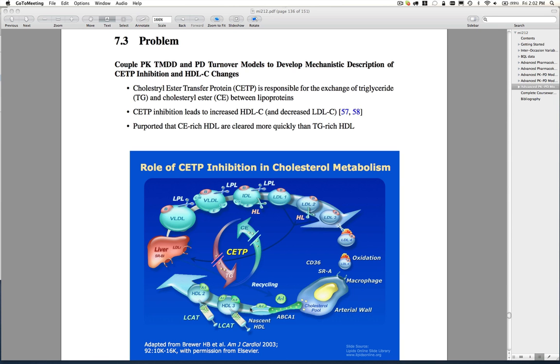And that's really how these HDLs become different versions of themselves as they transform through this cartoon here. And I realize I may have a typo here.